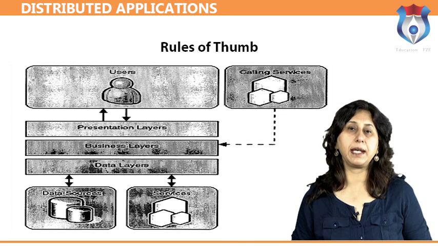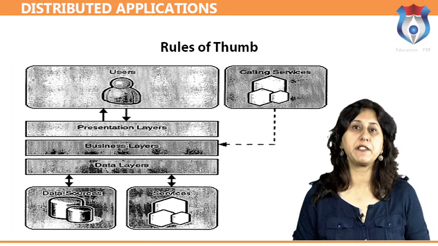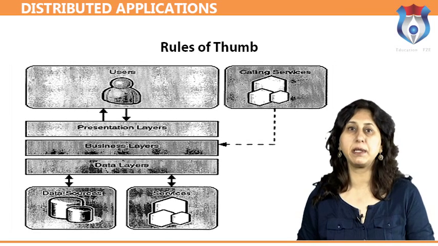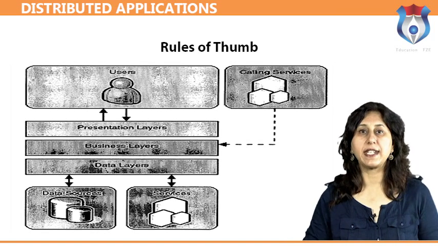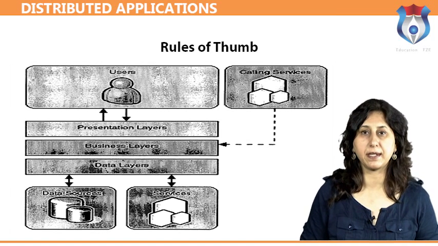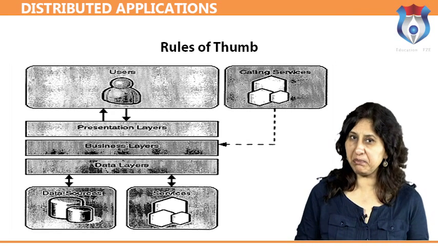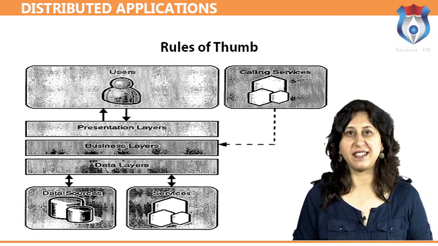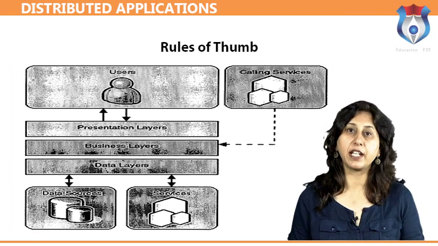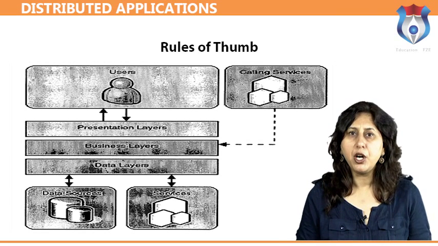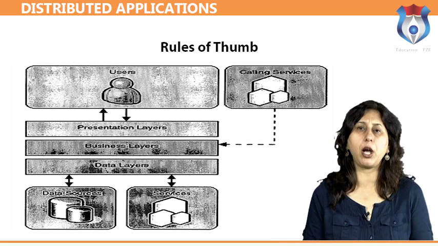Separation of policy and mechanism helps to build flexible and extensible systems and is therefore important to follow when designing distributed systems. Keep it simple, stupid, KISS. If possible, solutions to problems and resulting architectures should be simple rather than mind-numbingly complex.